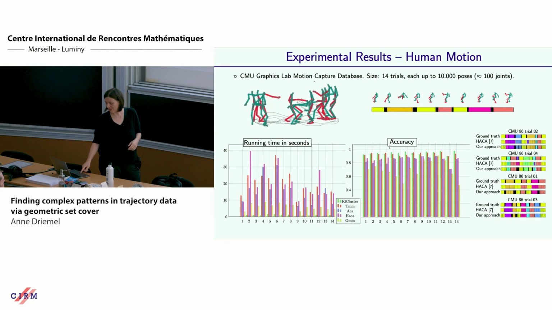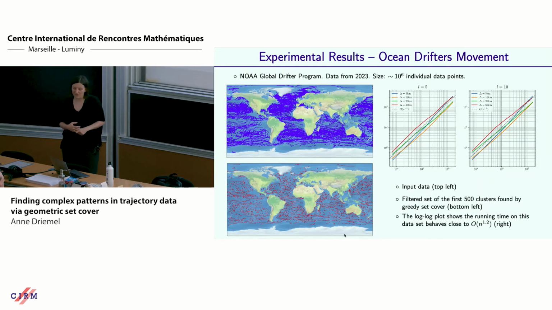So it does pretty well in terms of accuracy, but it's a bit hard to see here. These green bars are our algorithm, and the other algorithms that we found that solve this are all much slower. But this data set is not so large.